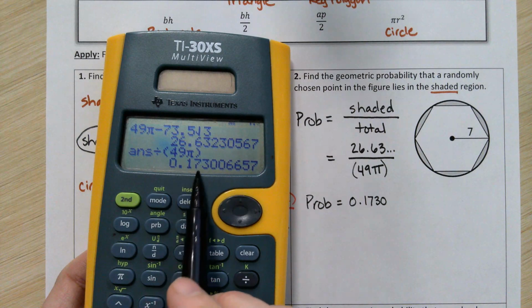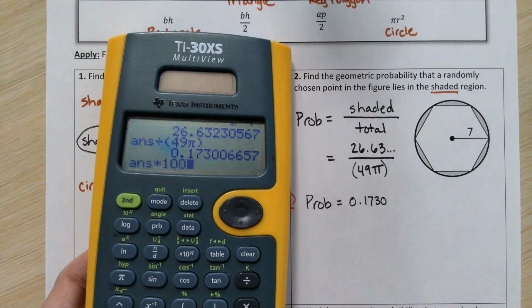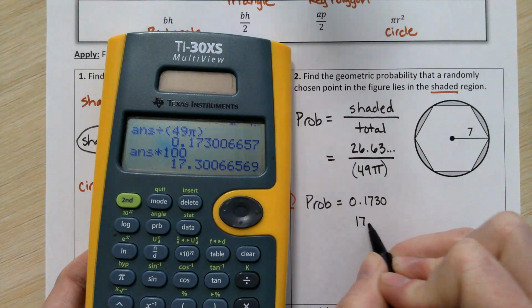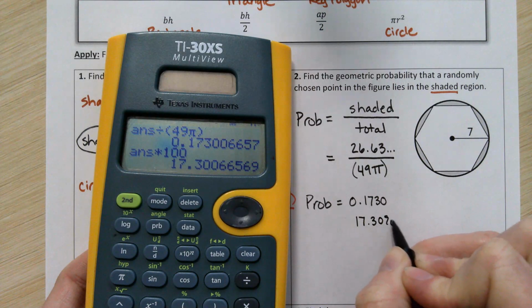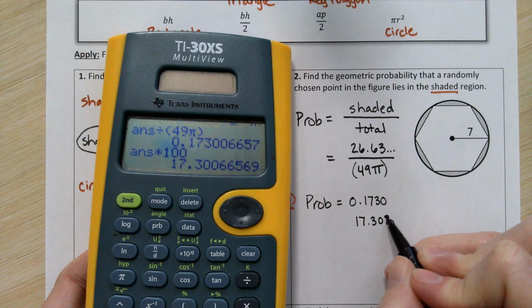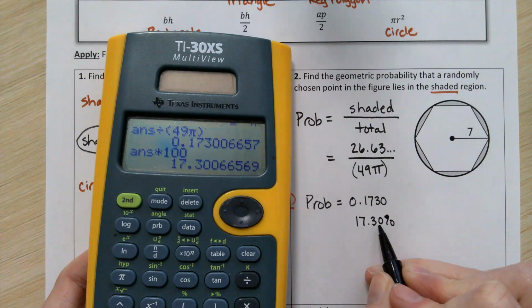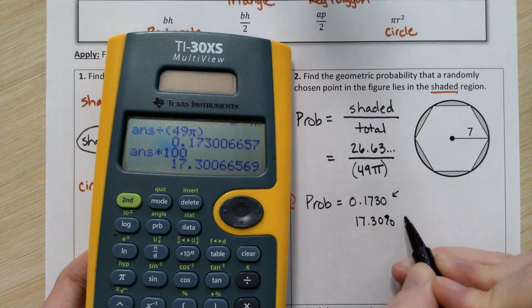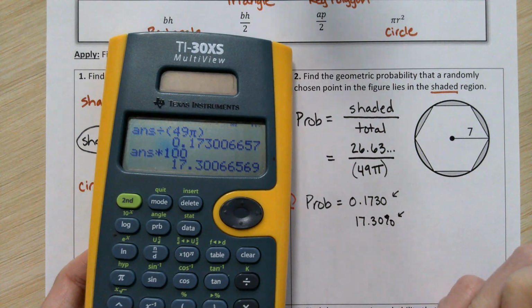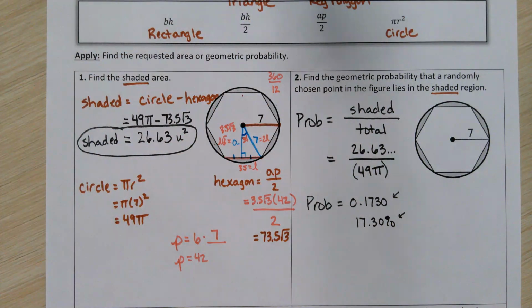But we could make that a percentage, which is the way probability is actually listed on your answer documents. So that would be 17.30%. And when you check the answers on your homework, you won't see the percent symbol. You'll just see 17.30. So whether you write your answer this way or this way, that's going to be the one that shows up in that answer bank at the bottom of your pages. But both are acceptable.